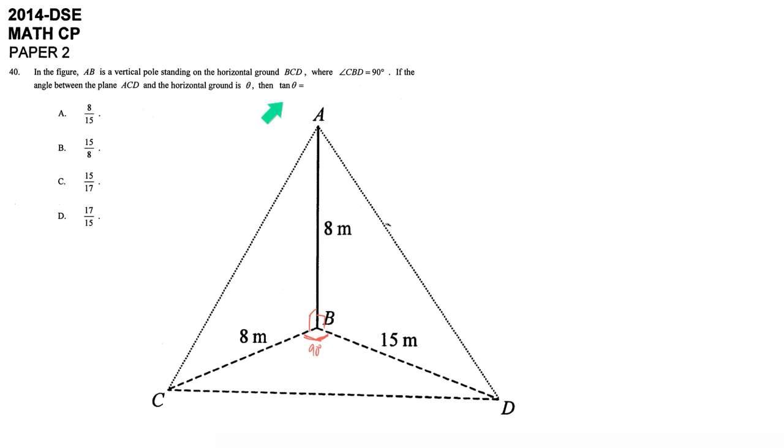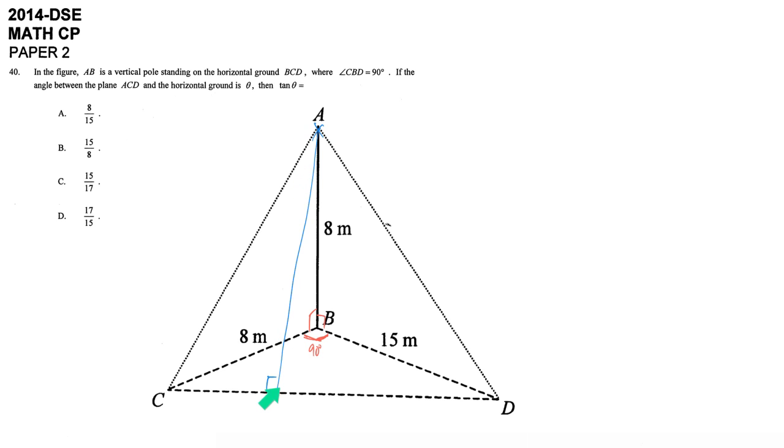After that, the angle between the plane ACD, the plane here, and the horizontal ground is theta. To locate the angle between planes, we find an intercept line, and then we draw from point A perpendicular to our intercept line to represent this plane.